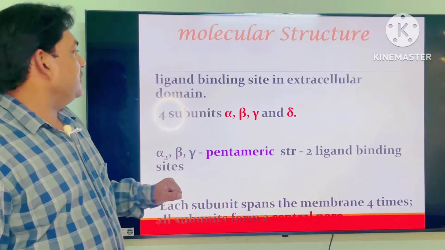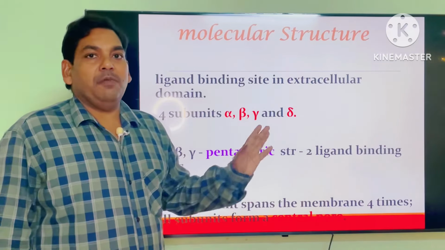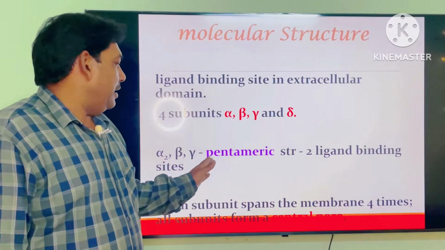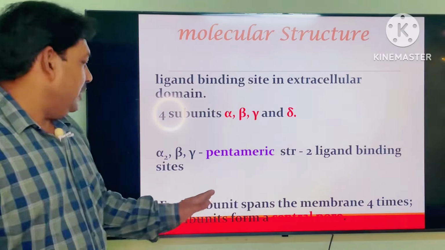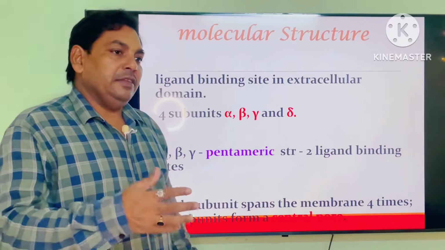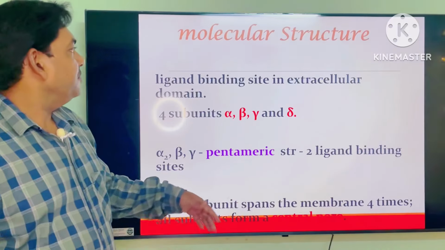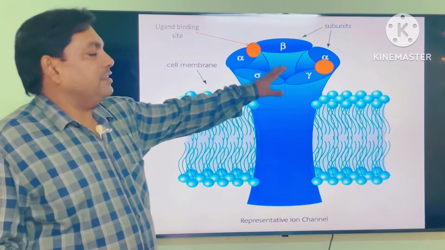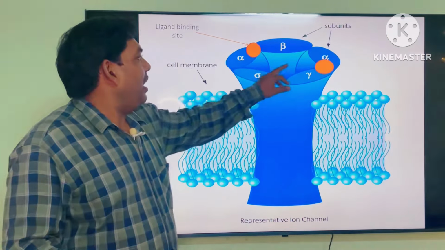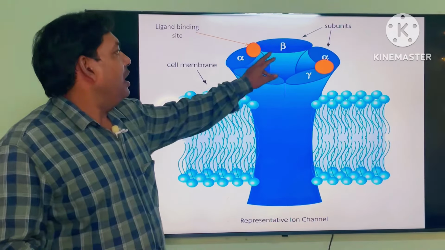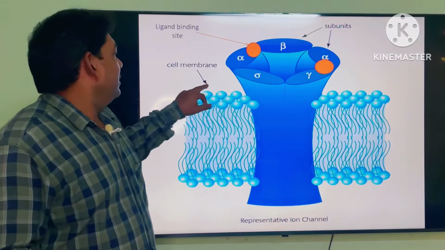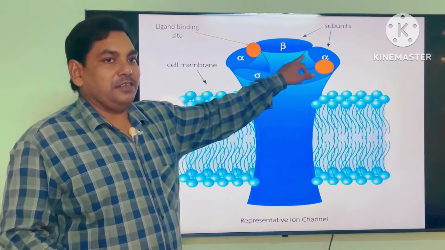The molecular structure has four subunits, alpha, beta, gamma, and delta, and it is a pentamer with the subunits arranged in a ring. This is the structure with two alpha, beta, gamma, and delta. This is the membrane, and these are the subunits.